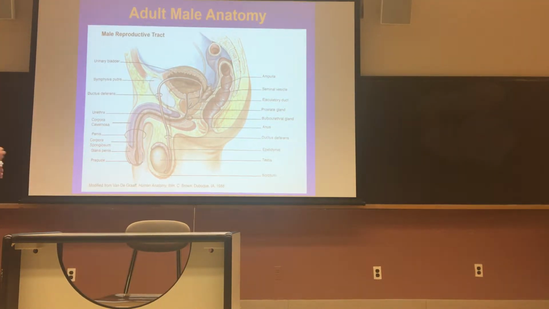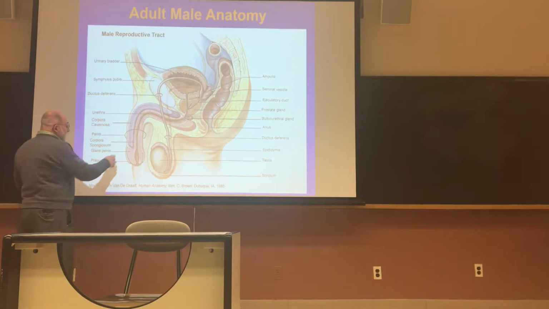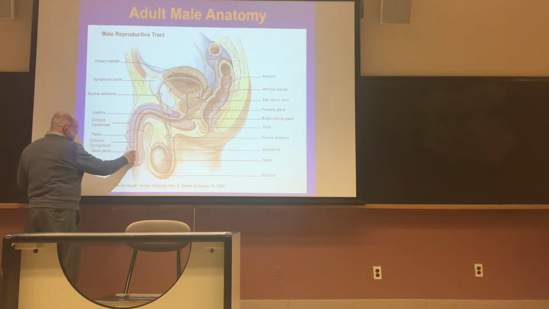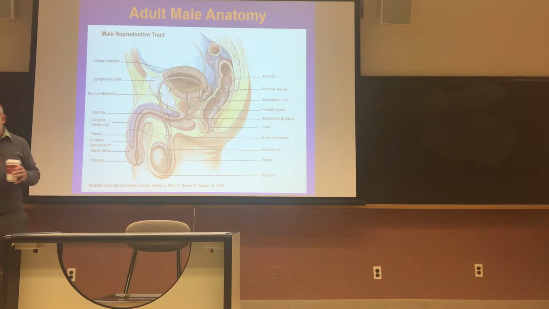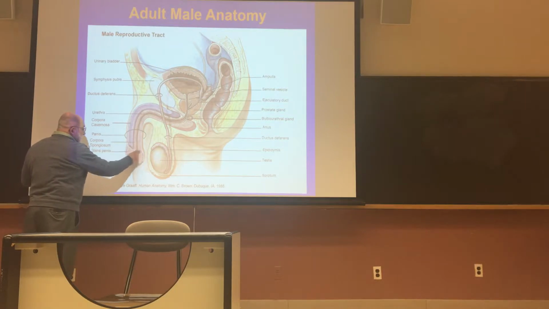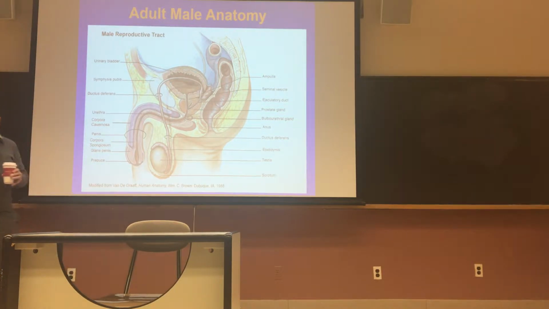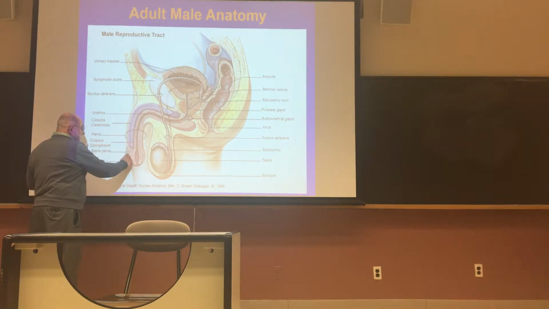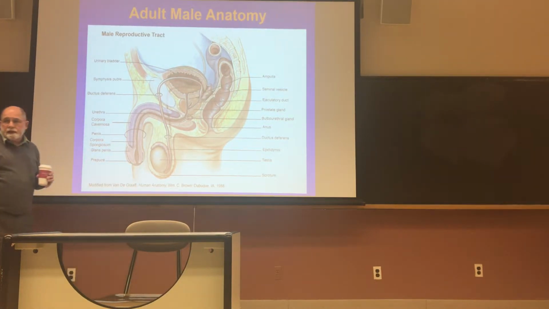So it's an epithelium. If the prepuce is removed in a circumcision, it becomes much more like surface epithelium. It's tougher. One of the interesting findings in the work on AIDS was that one of the best ways to prevent transmission of AIDS is circumcision, because it makes this area less penetrable by the virus.